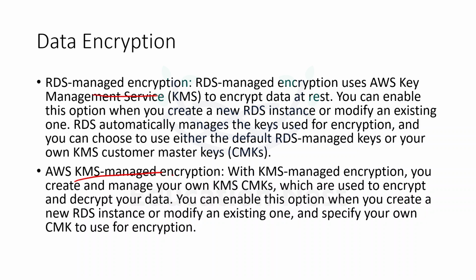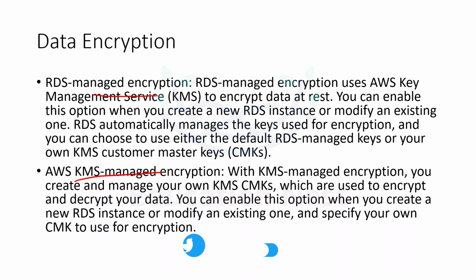You can enable this option when you create a new RDS instance or modify an existing one. RDS automatically manages the keys used for encryption and decryption, and you can choose to use either the default RDS managed keys, or you can also provide your customer master keys. Then we have KMS managed encryption.